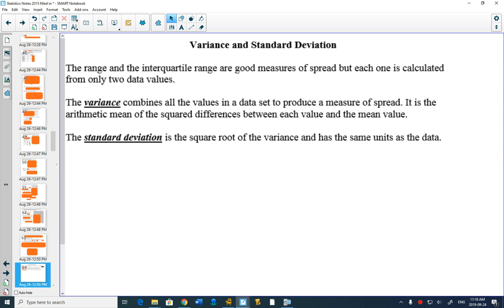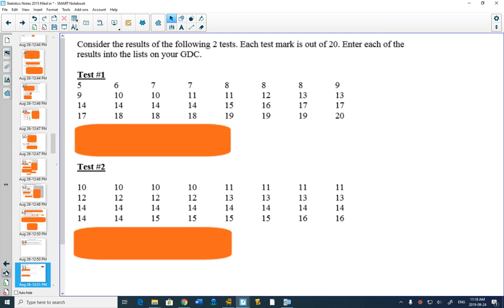So we're going to look at an example. Here's 2 tests. Both tests were out of 20 marks. I want you to put test 1 into list 1 and test 2 into list 2 in your calculator.